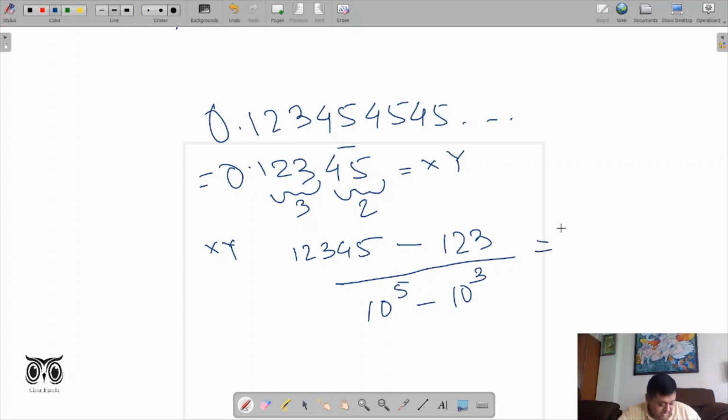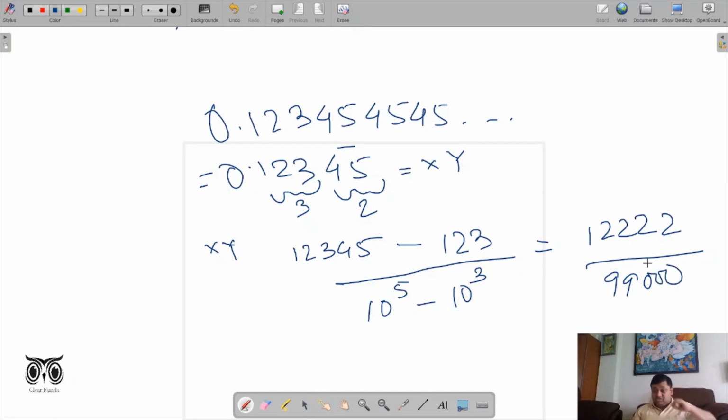So this comes to be 12222 divided by how much? 10 to the power 5 minus 1000, that is 99,000, 1 lakh minus 1000. So this is the format.